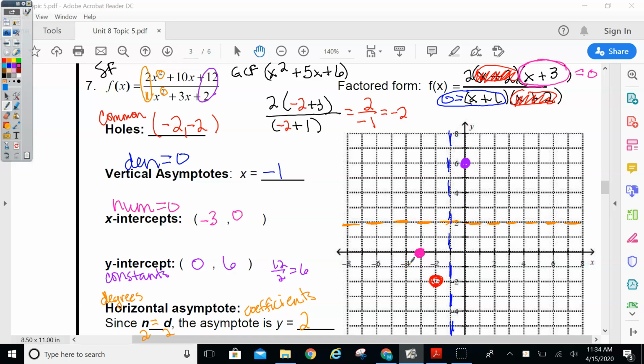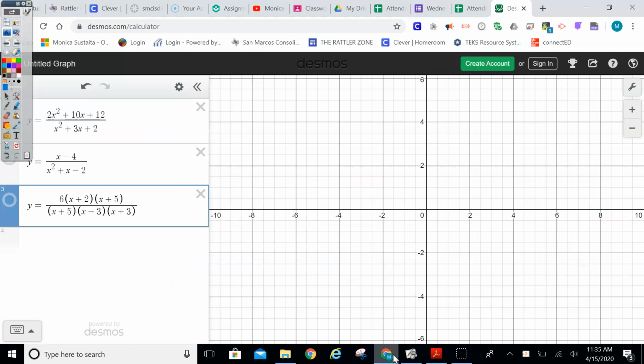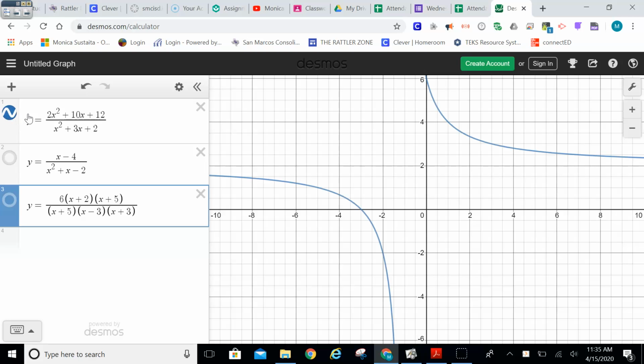So to check for sure, we're going to go to a graphing application called Desmos, since we don't have graphing calculators yet, or you might not be able to. So in Desmos, you'll be able to graph these functions. So here's the one we're trying to graph. So it just gives you the sketch, it doesn't give you the asymptotes.